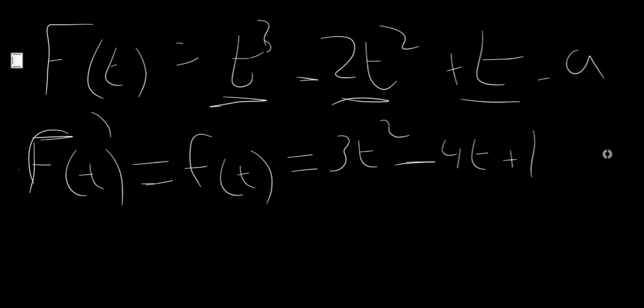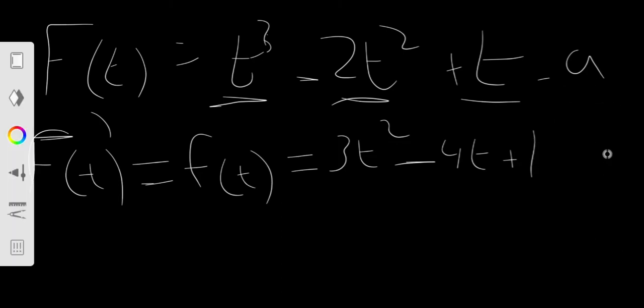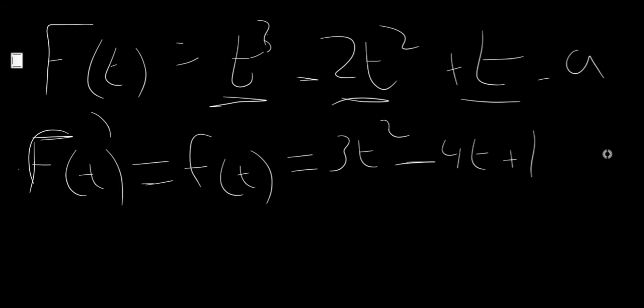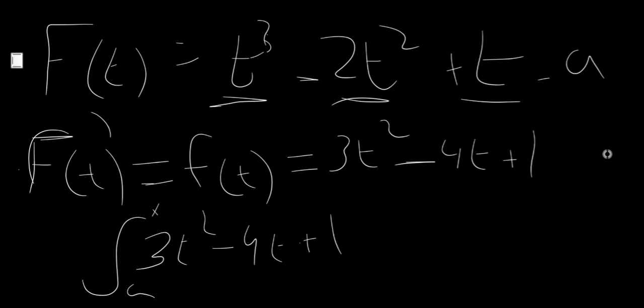Okay, so now remember, let's integrate from a to x. What are we going to integrate? Well, 3t squared minus 4t plus 1, all this dt. Why are we going to integrate this?